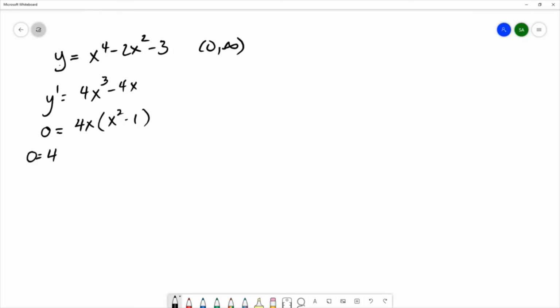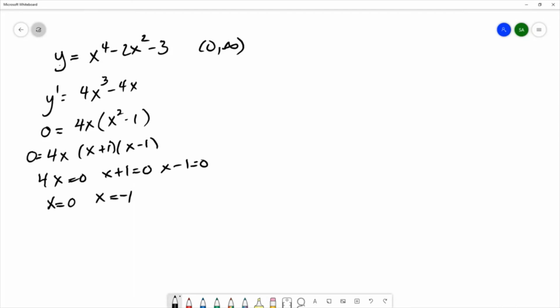X squared minus 1 is a difference of squares, so that factors more. X plus 1, x minus 1. And I can set each one of these factors equal to 0. This gives me x equals 0, x equals -1, and x equals +1. And the only value that's on the interval is x equals 1.